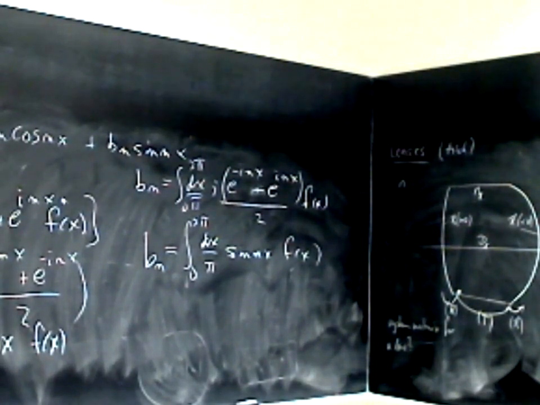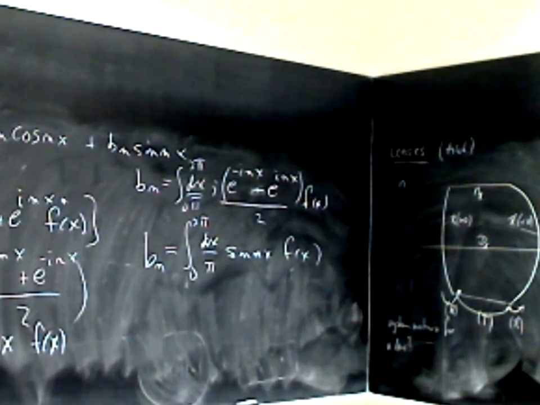A0 is 2C0, and that means that that's 2 times the integral dx over 2 pi from 0 to 2 pi e to the minus i n x, but n is 0, so that's just 1, so it's just f of x. And so C0 then is the integral dx over pi f of x.